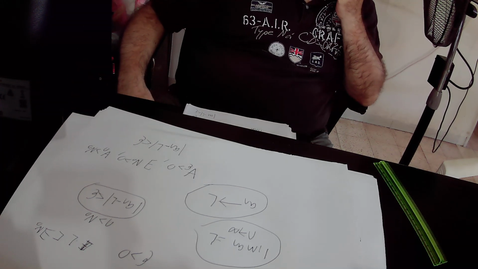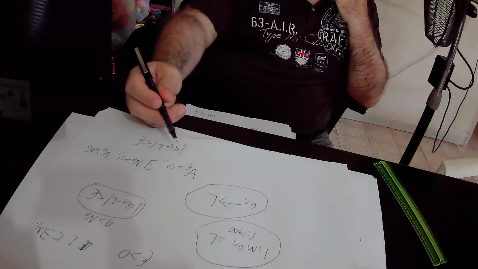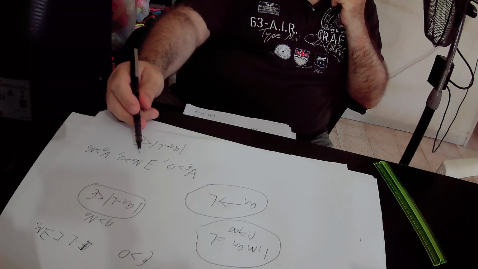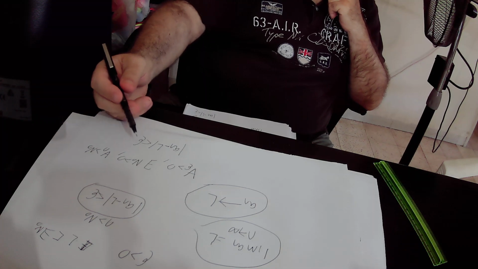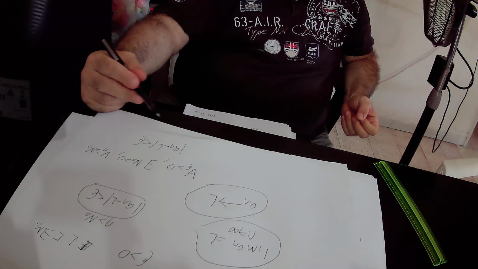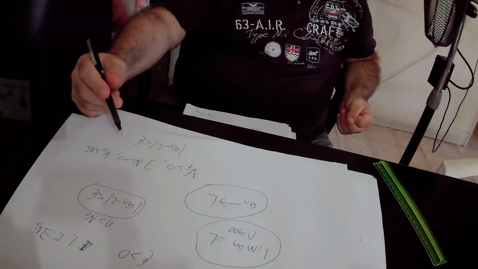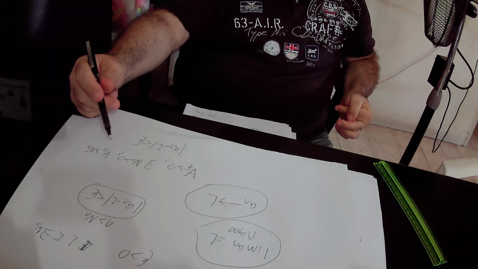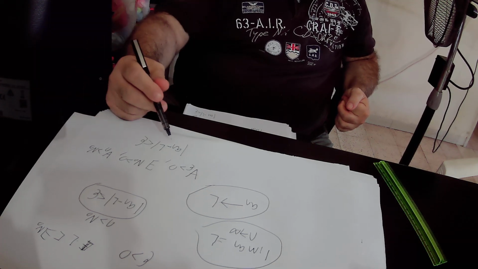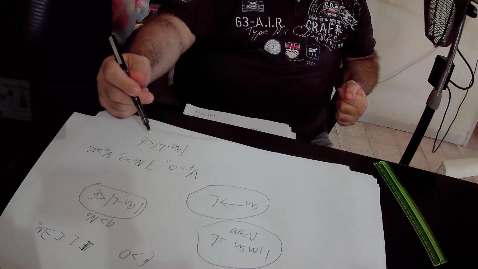Okay, I'll repeat again. For every epsilon that is greater than 0, there exists the natural number N0 in such a way that for every n that is greater than N0, we'll get that a_n minus L is less than epsilon. a_n is any member with index greater than N0. So the absolute value of a_n minus the limit L is less than epsilon.